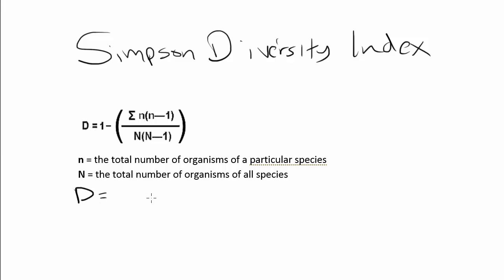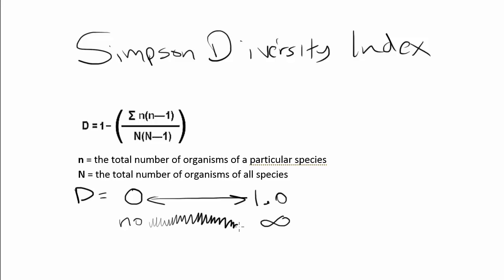For D, this is going to be the amount of diversity present, and the D values range between 0 and 1, where 1 would be infinite diversity and 0 would be no diversity. And you can imagine that there's a range of diversity in between. So when we get a D of 1, it would show perfect 100% infinite diversity, and that's what we're going to use to calculate.